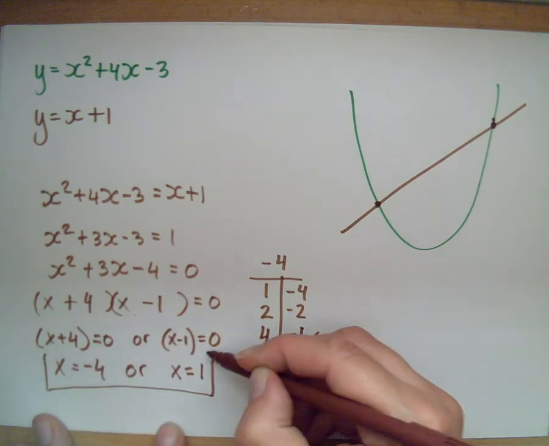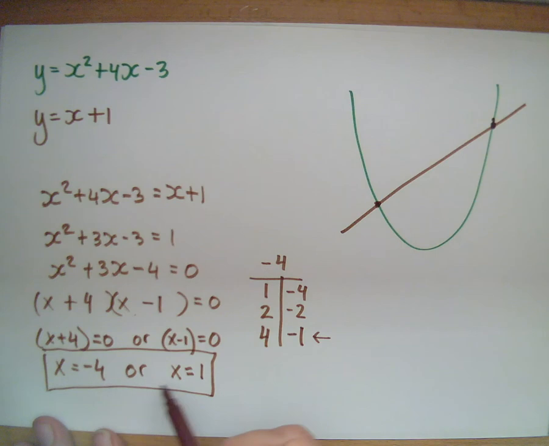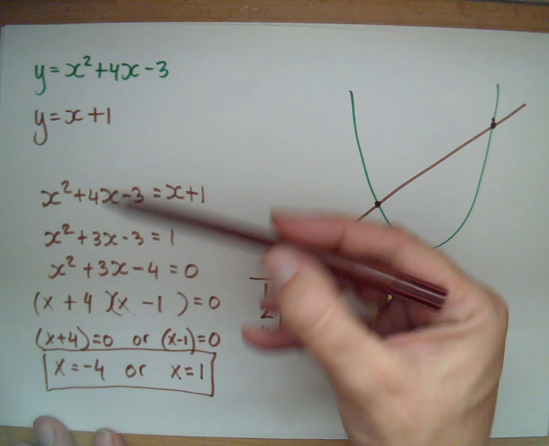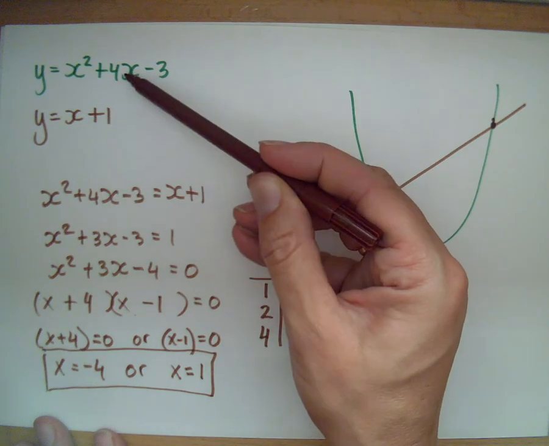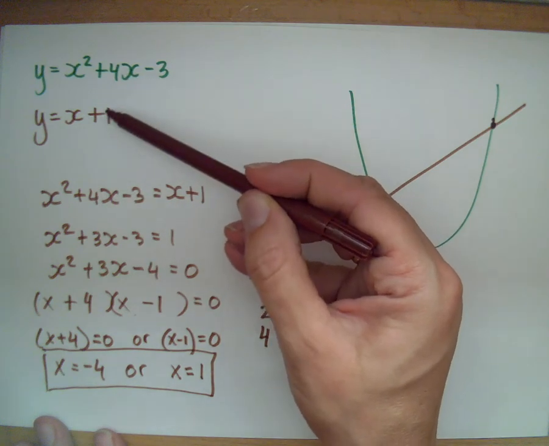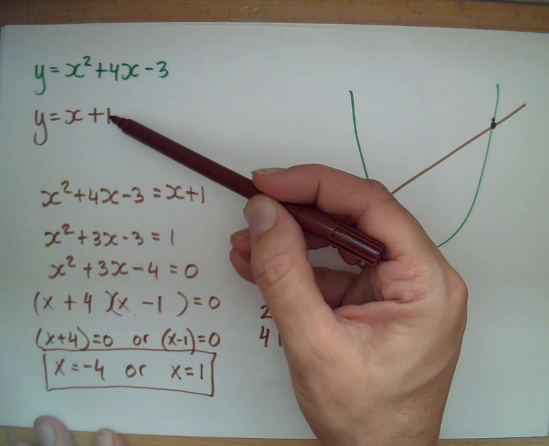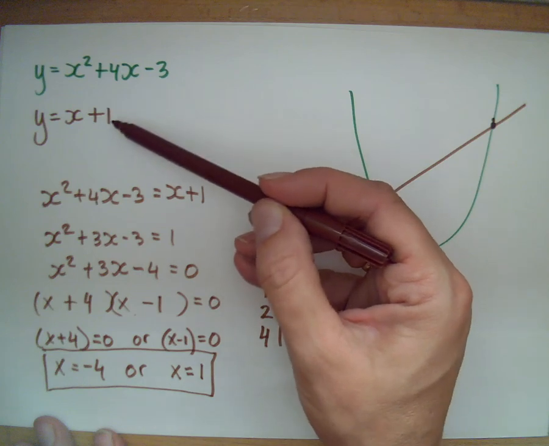So we found 2 values for x that make these equations equal to each other, right?